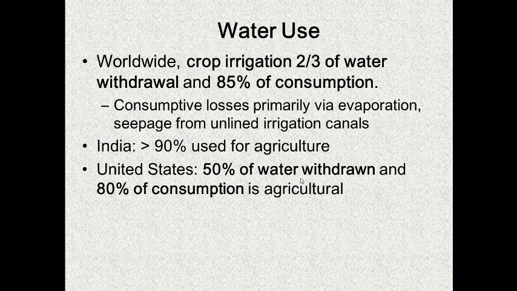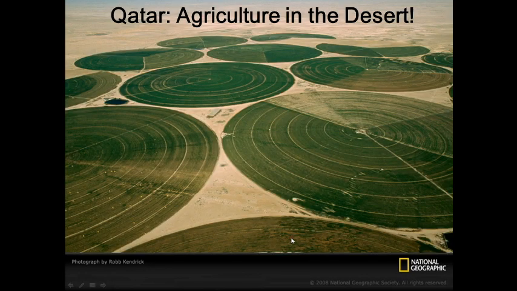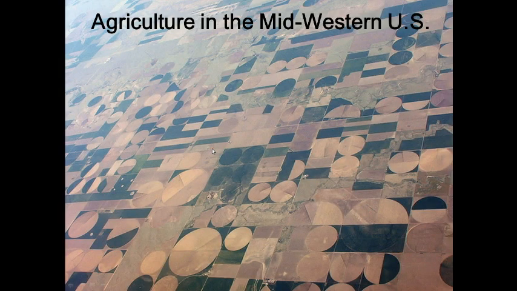In the U.S., we're closer to average, with 50% of the water withdrawn and 80% of consumption being agricultural. All right, Qatar is a desert, but look at these lovely green irrigated fields. Here's a picture of the Midwest showing the irrigated fields again.